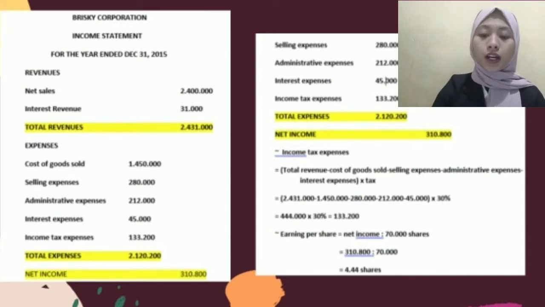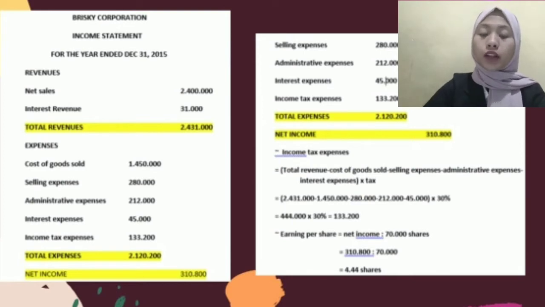So net income is total revenue reduced by total expense. So the net income is $310,800.